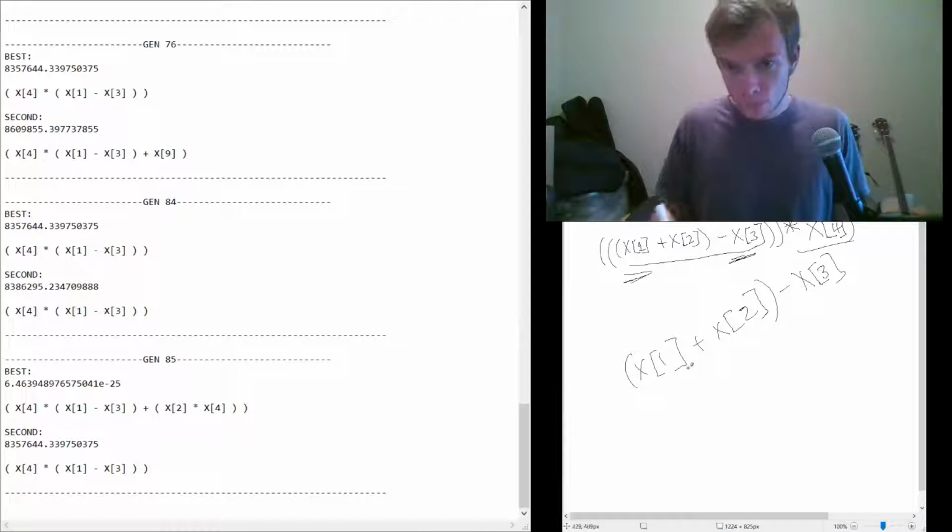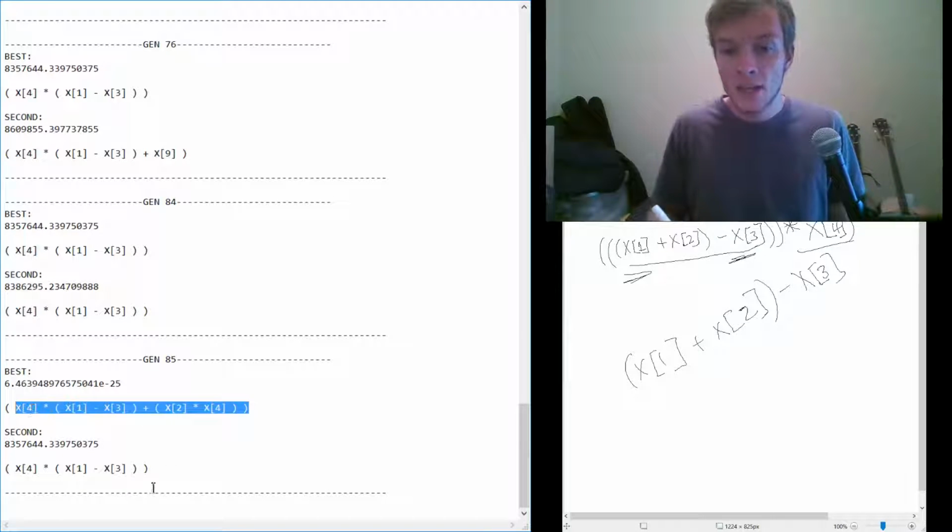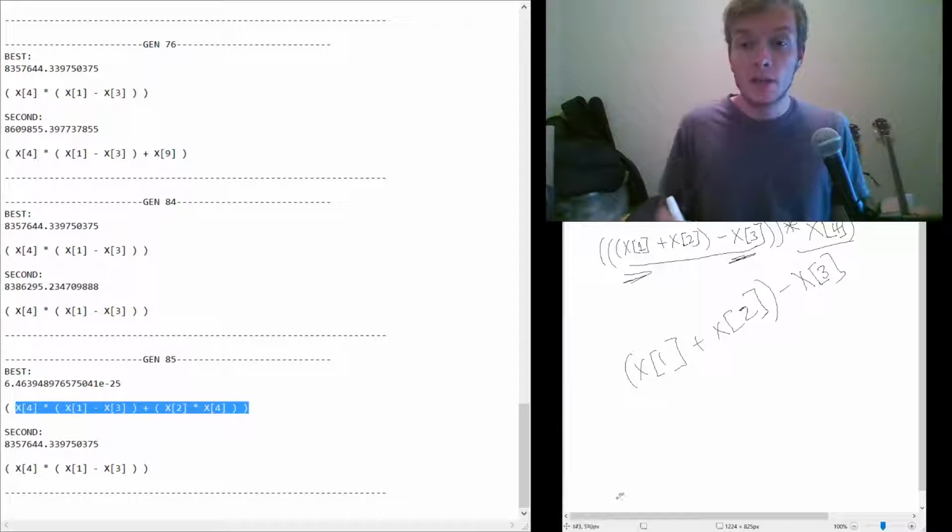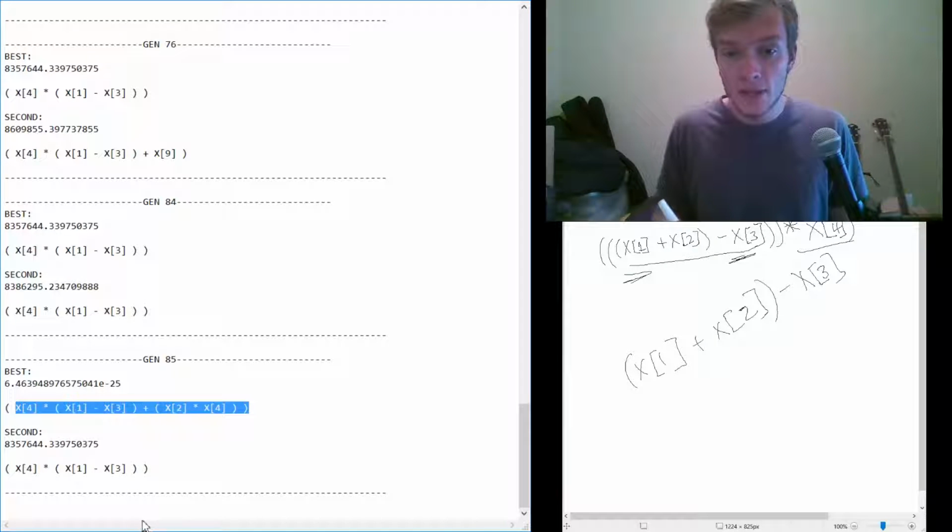So the way that the AI wrote the equation out is essentially, I'm just going to write the numbers to make it quicker as opposed to writing the brackets and the x. So you will see that the equation is 4 times the quantity, that's a multiplication, the quantity 1 minus 3.